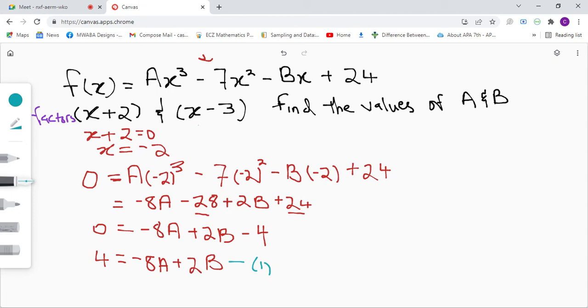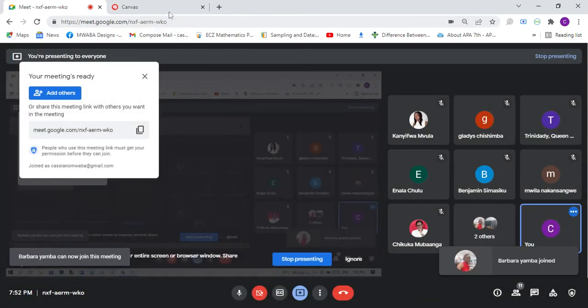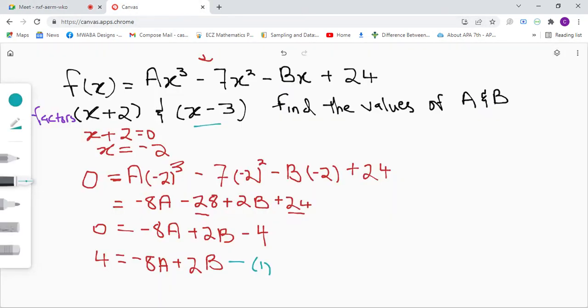Now we go to the other factor, which is x minus 3. We do the same thing that we did. We say x minus 3 equals 0.